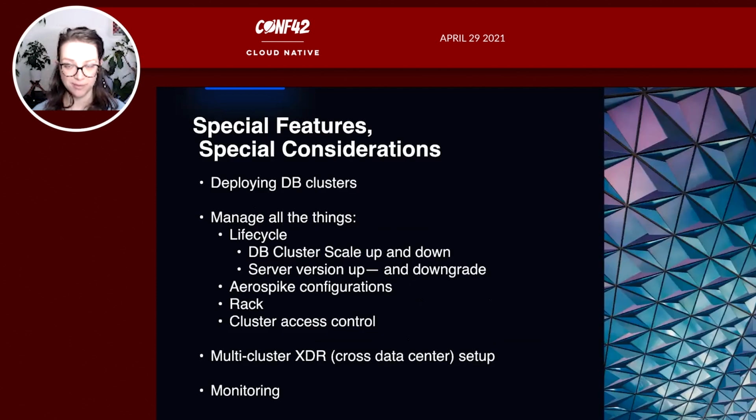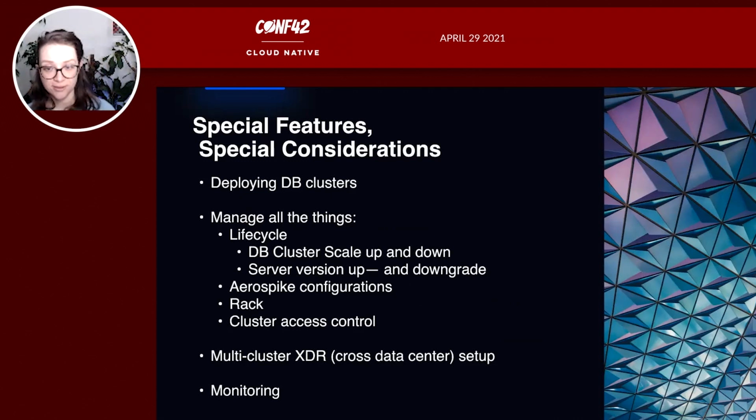Because of some of the special features that we covered, it has some special considerations in what it does and how. So the deploying of the database clusters is a pretty obvious feature. It manages all the things: lifecycle management, which means database cluster scale up and down, server version upgrade and downgrade, Aerospike configuration management, rack awareness management, and cluster access control management.